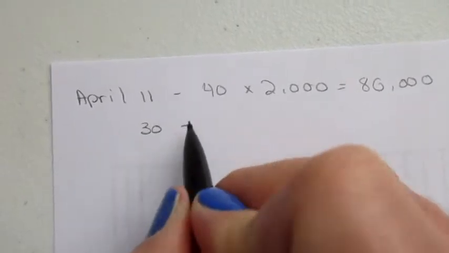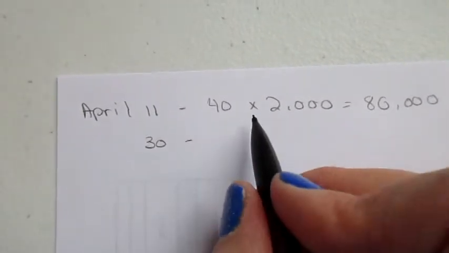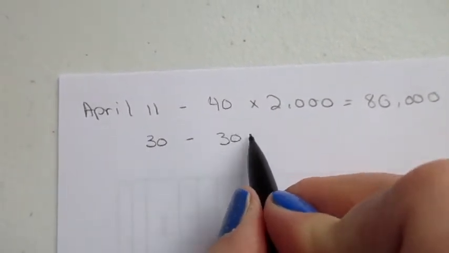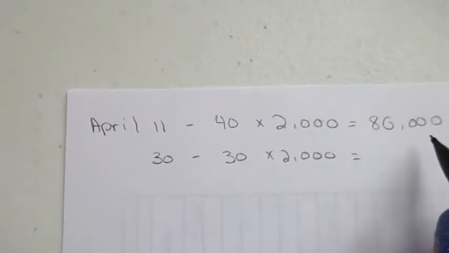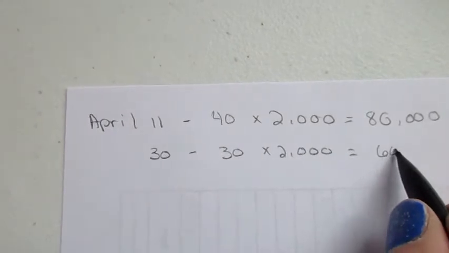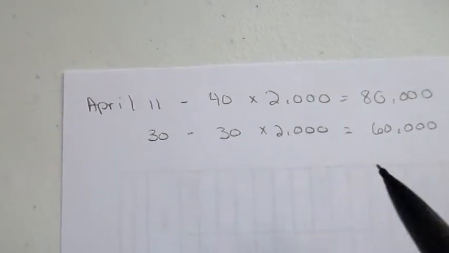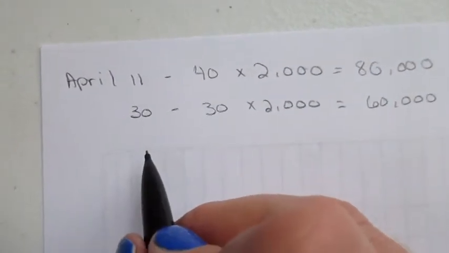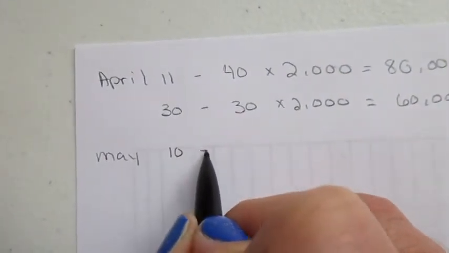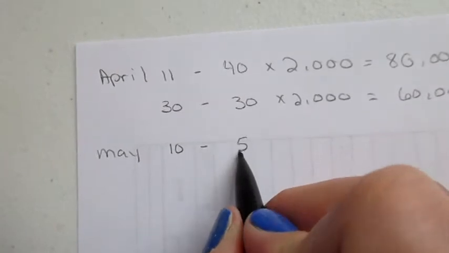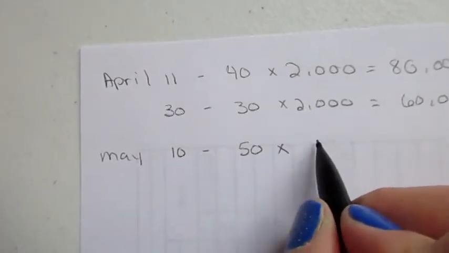On the 30th, again, it looks very familiar. So when you're doing this, you know, we've already calculated this from the previous problem. So you can't just look back at that previous problem. I'm going to do it again just for review purposes.